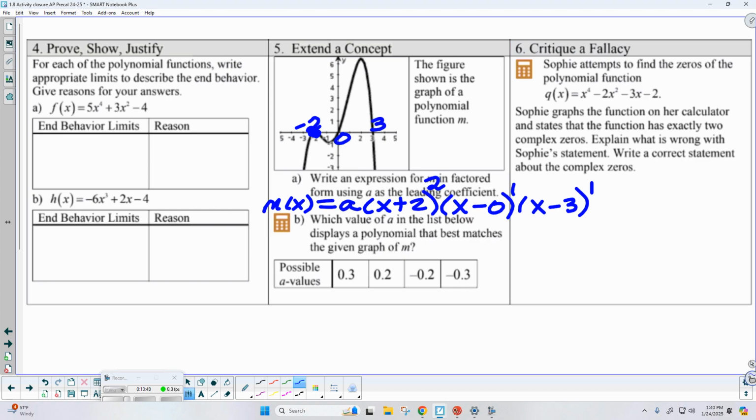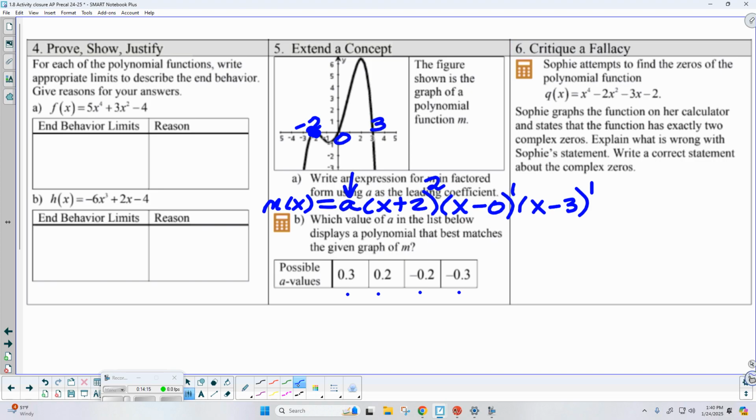Okay. Well, let's take a look at B, and this is where we'll need a calculator. Which value of A in the list below displays a polynomial that best matches the given graph of M? So basically, if I were to go ahead and take any of these 4 and plug it in for A, which one's giving me that graph? Well, just based on the characteristics, there's already 2 answers that I can get rid of. Remember, think about your end behavior.